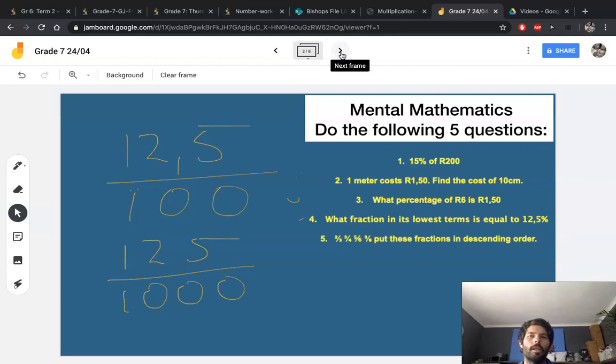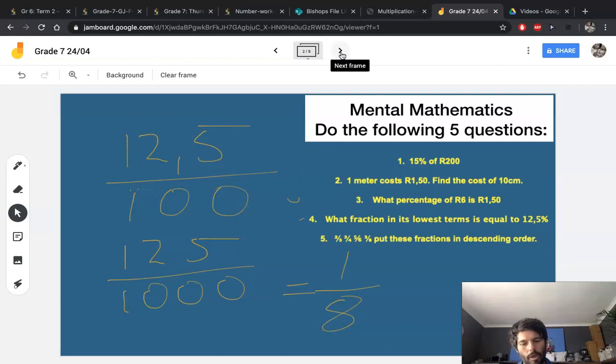Okay, and then it's just a case of how many times does 125 go into 1,000, and that is 1/8. Okay, so you could have gone and divided by 25 first. You could have then divided again, but you can also recognize that 125 goes into 1,000 8 times.